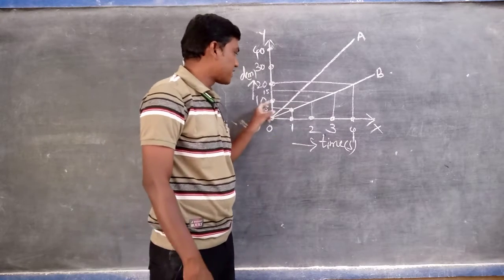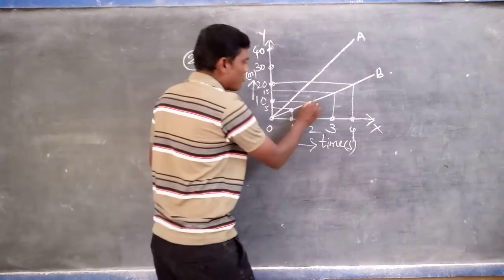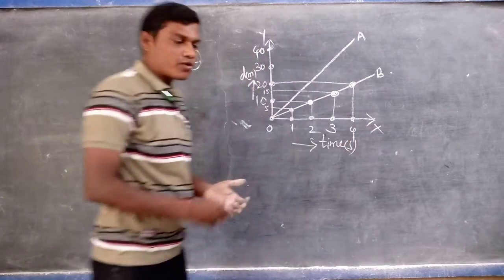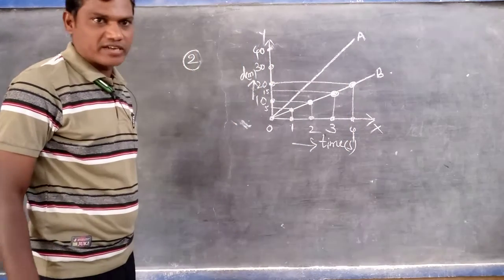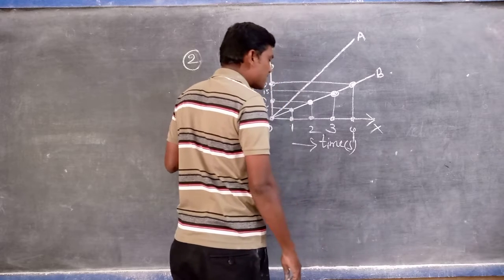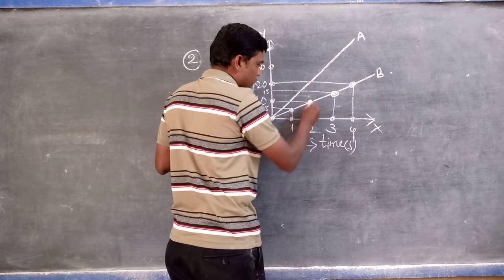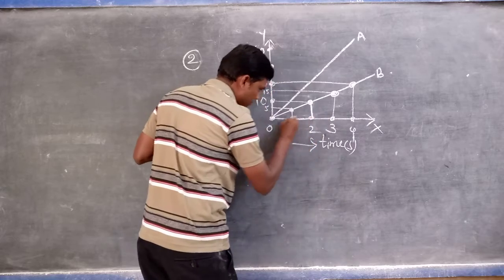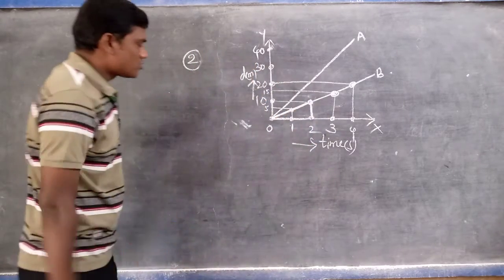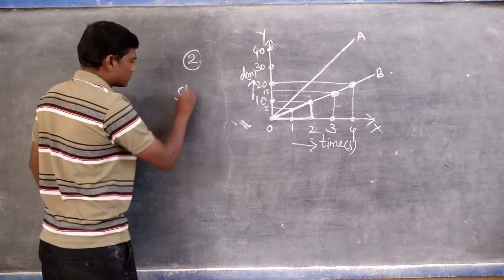In 2 seconds 10, in 3 seconds 15, in 4 seconds 20. Now how many points can we set in total? 4 points. Among the 4 you can choose any 2 points to draw the slope of the graph. That's why I will consider this point and this one, the origin. Like this. Okay. So this is the slope of the graph.